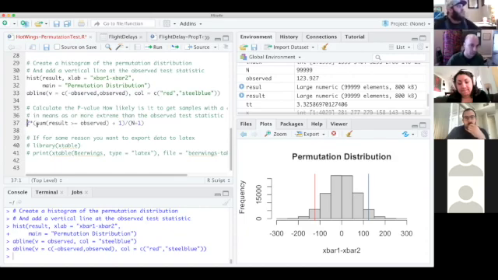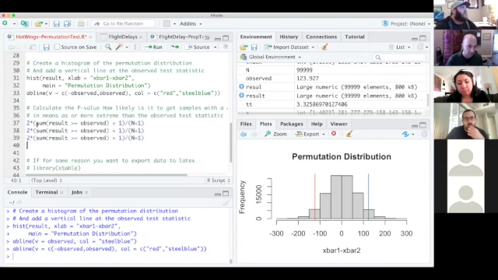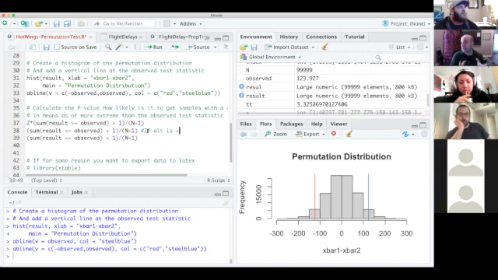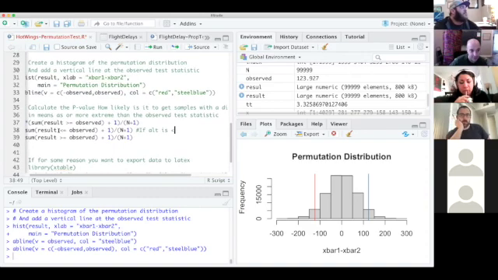A couple things to worry about. Sometimes we have an alternative hypothesis with a less than in it. Then we would think things that are more extreme should be even further below, so you might need to change this inequality sign.